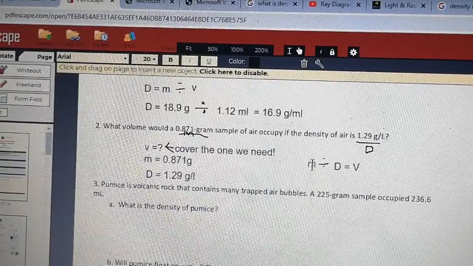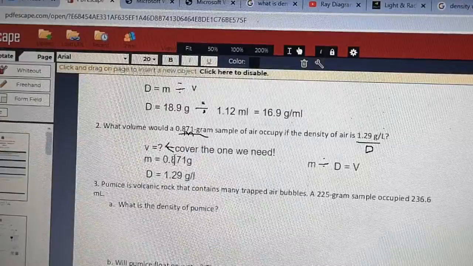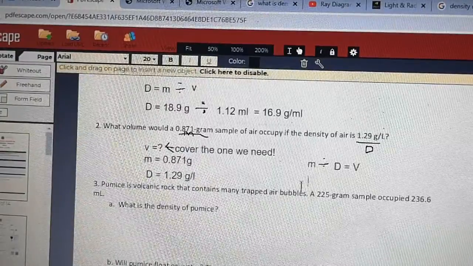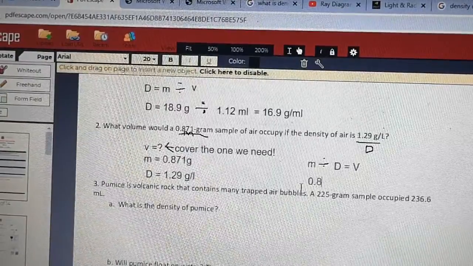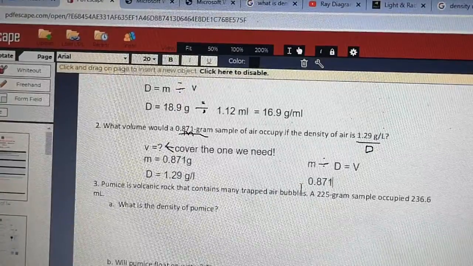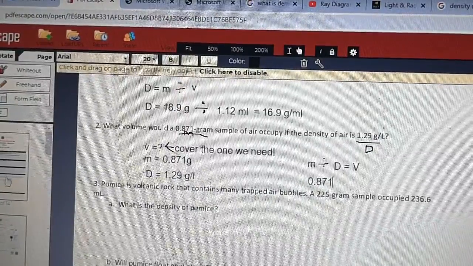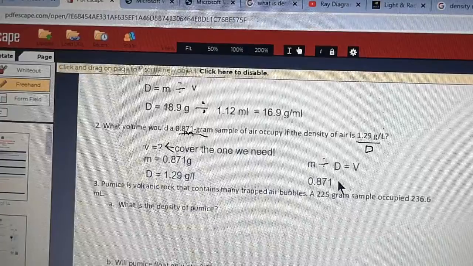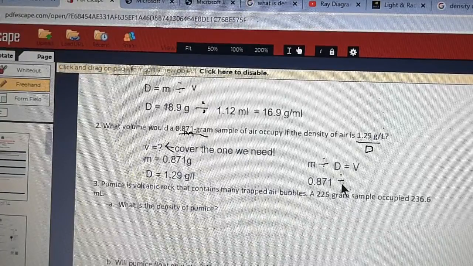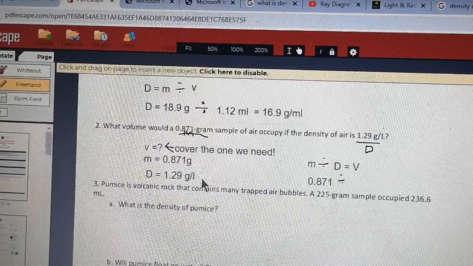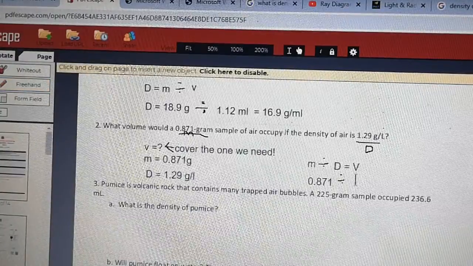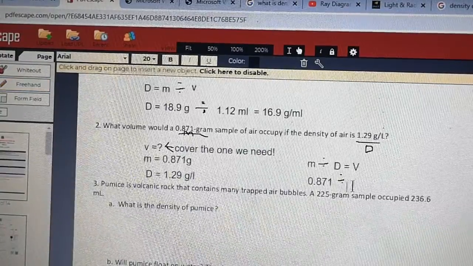Alright, what's the mass then? I don't write M, I'm just going to write the numbers because I can't put these letters into the calculator, it won't give me anything useful. M is 0.871. Right, still need to put in divide. What's the density? 1.29. D is 1.29.